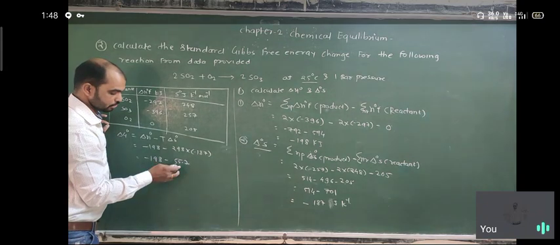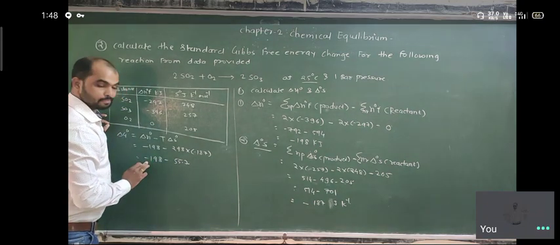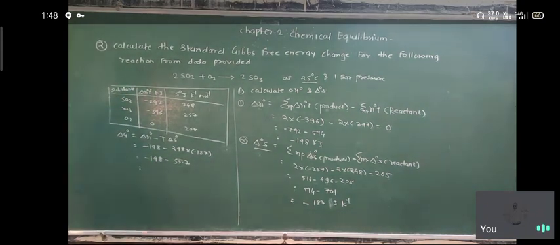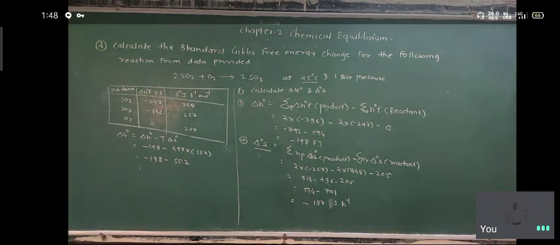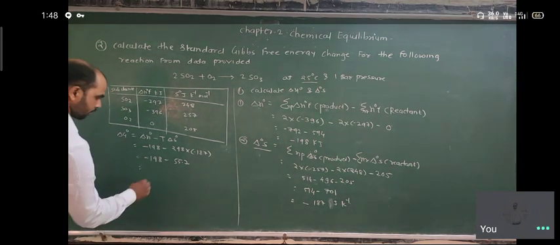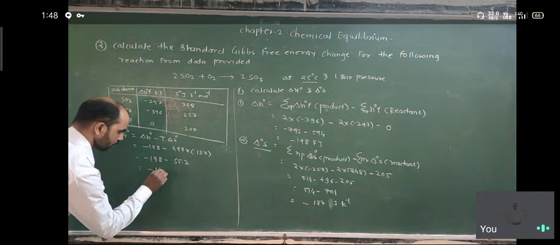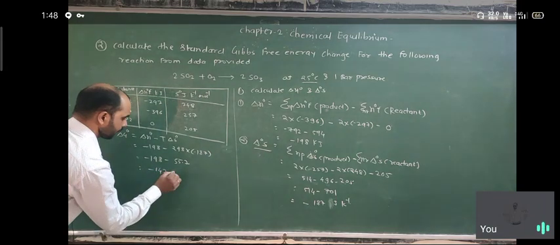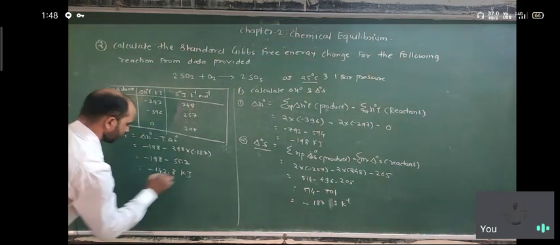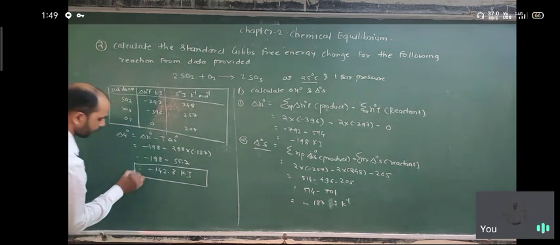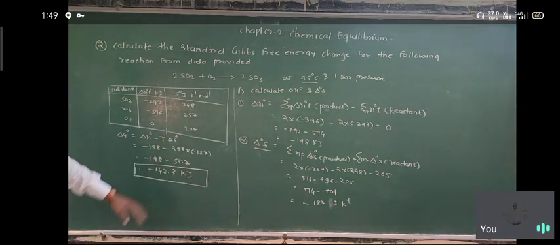So the answer is minus 142.3 kilojoule. So it is the second numerical problem. We are going to discuss the third one and then we stop here.